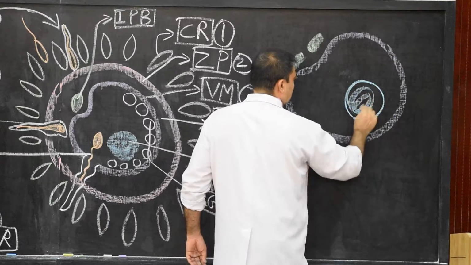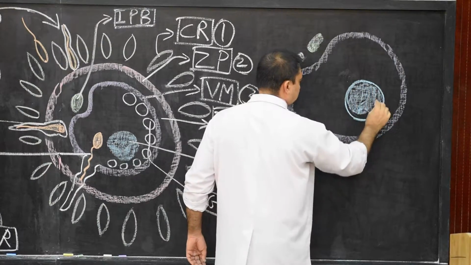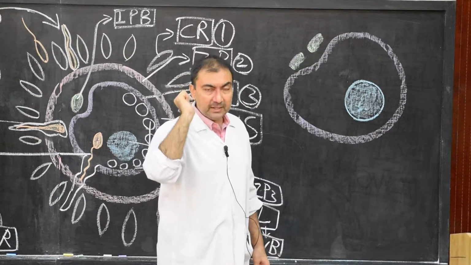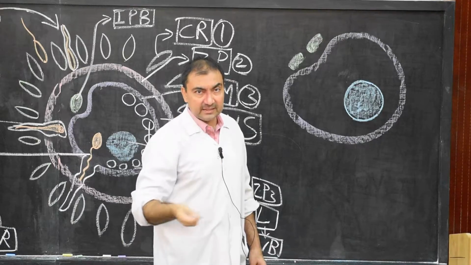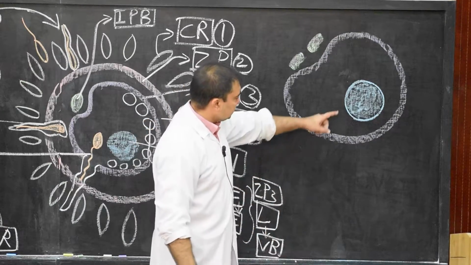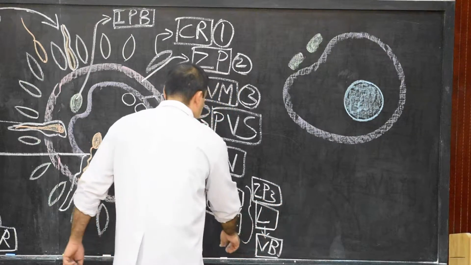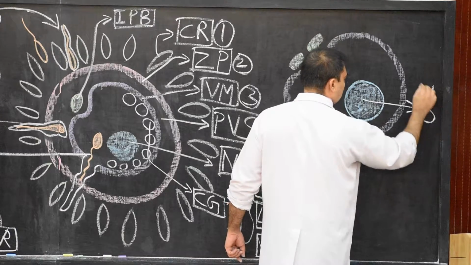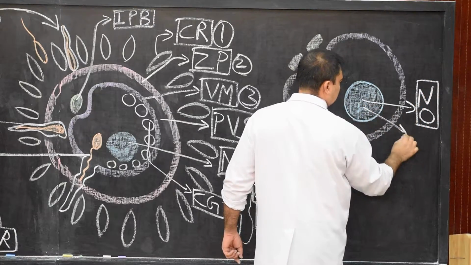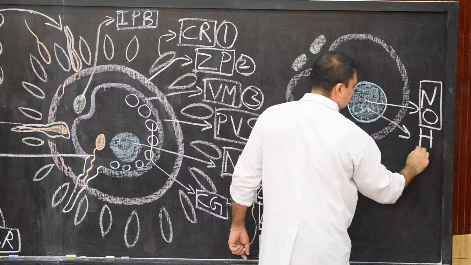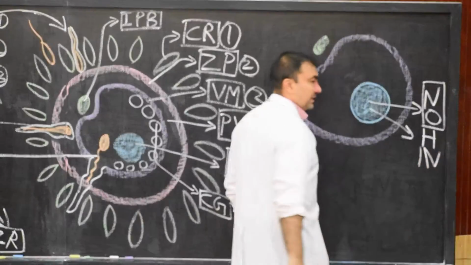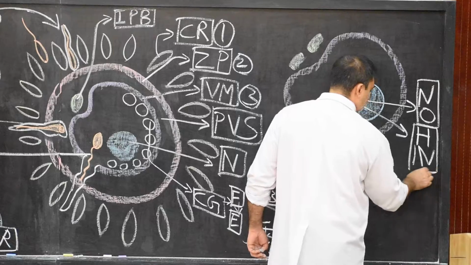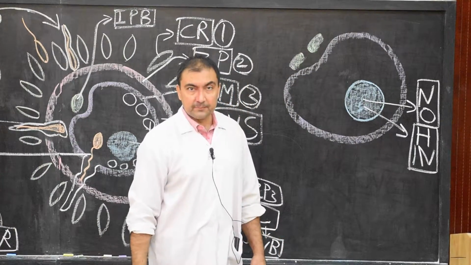The nucleus of the ovum carries haploid chromosomes with 1N DNA, 23 haploid chromosomes.